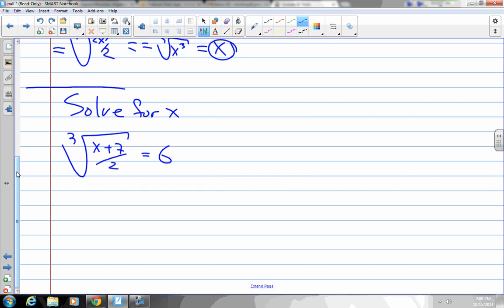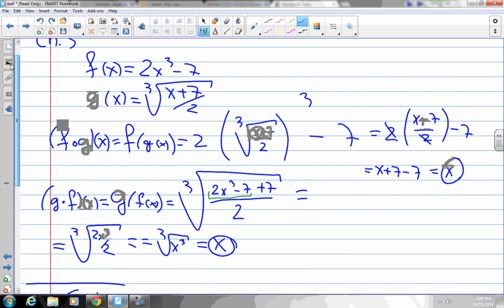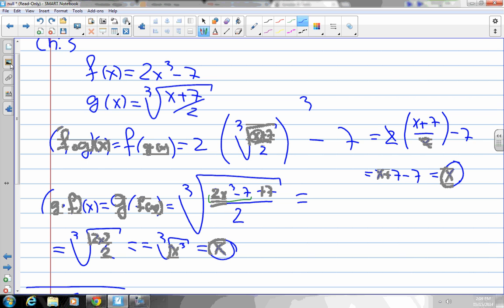Okay. We can solve this equation. We have enough tools to dig the x out. How would you dig the x out? You will cube both sides, you will multiply by 2, then you subtract 7. You just precisely described that function. Cube, multiply by 2, subtract 7.